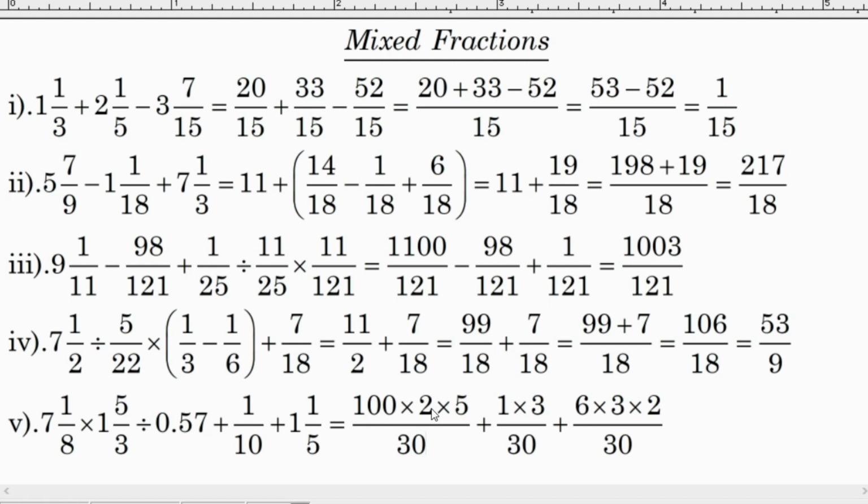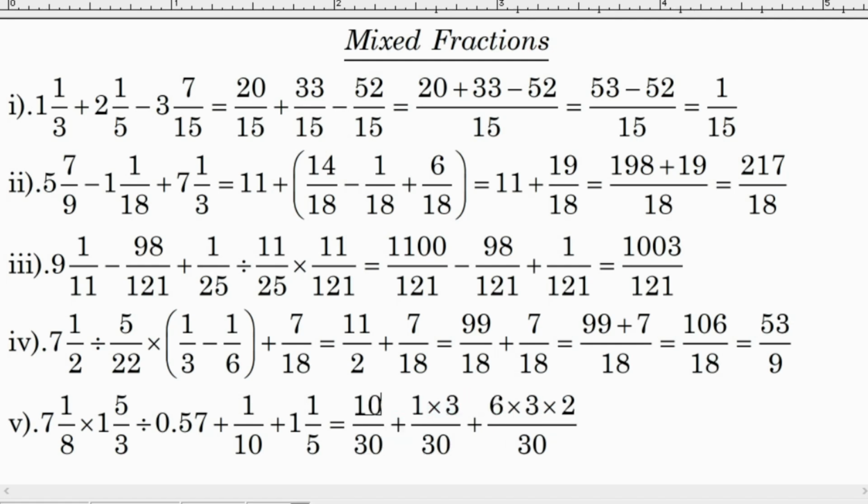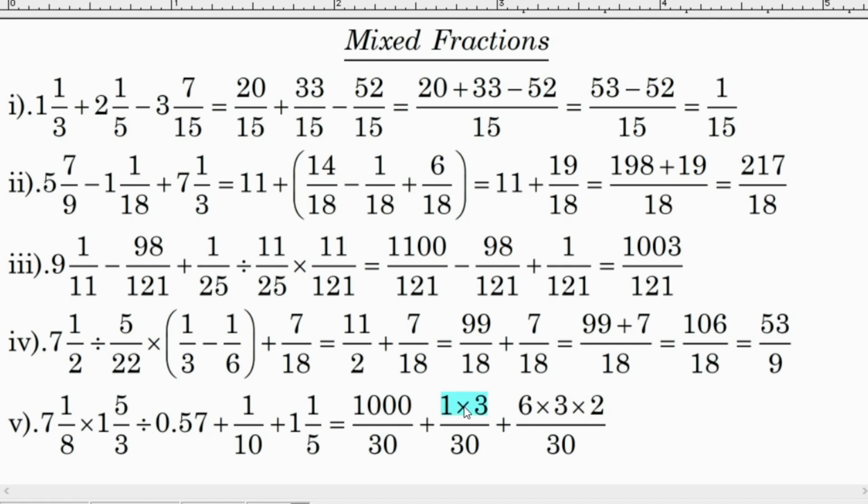Okay, so here we have 10 times 100 equals 1000, and here equals 3, and then here equals 36.